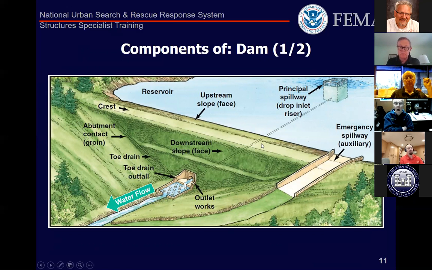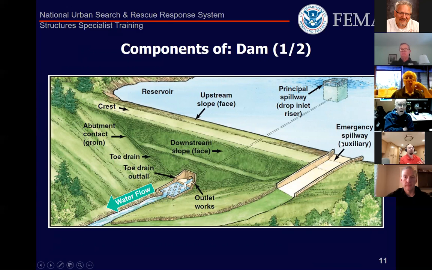You may have some drainage systems, like the toe drain pointing to a structure inside the dam that collects water as it moves through and brings it to the outlet, which is tied back to the principal spillway, the intake, the tower in this case, like a morning glory kind of tower. And then to the right, you have the emergency spillway or an auxiliary spillway.